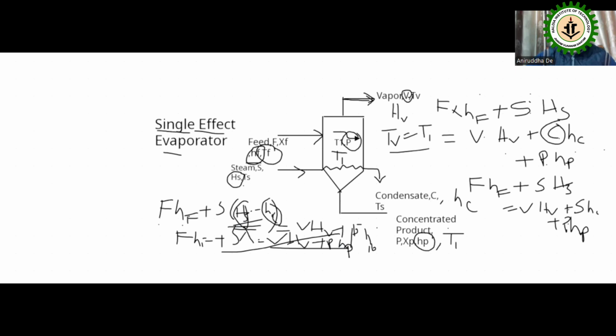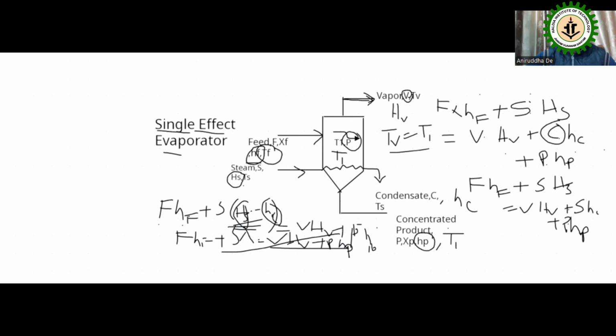The nutritional values, whatever nutritional ingredients are present in the food, may be destroyed. So to retain the nutritional ingredients in the food material, the evaporator is operated at lower temperature.